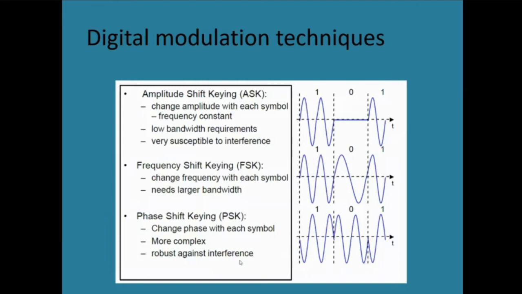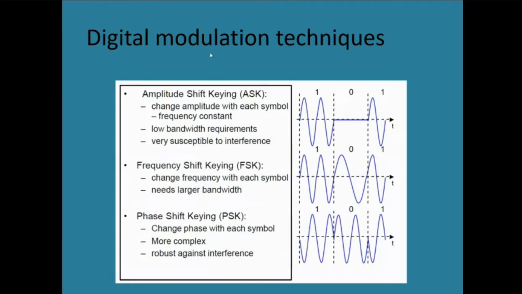For binary data, say 101, it allows the carrier signal during binary 1 and doesn't allow the carrier signal during binary 0. The change in amplitude of the carrier signal is the same as amplitude modulation in analog communication.